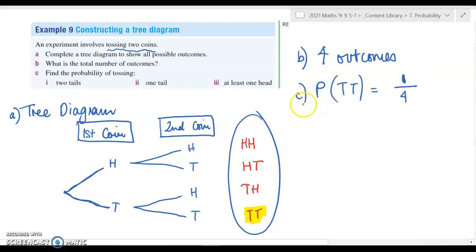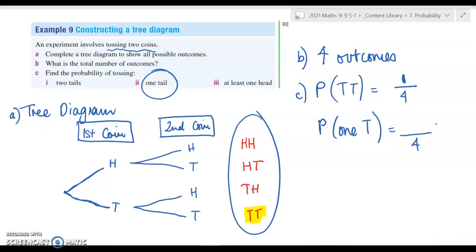In part 2, it's asking for the probability of finding one tail. Again, we can usually put the bottom number down first. It's pretty simple. There's 4 total outcomes. But what we want to do is look at those outcomes that only have one tail.